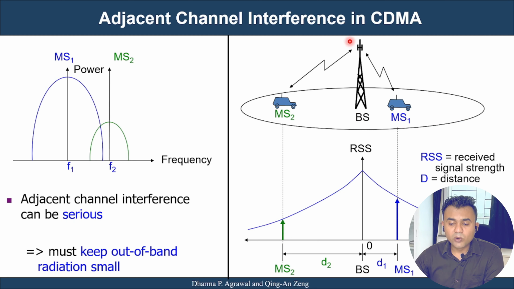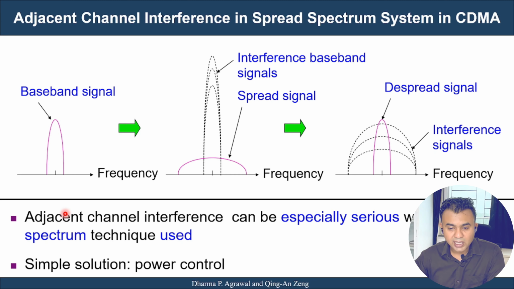MS1 is closely located to the base station, so the received signal strength is larger, whereas MS2 is located far away from the base station, so the received signal strength is lower. That's why adjacent channel interference can be a serious issue, and we must keep the out of band radiation as low as possible to avoid this kind of interference.